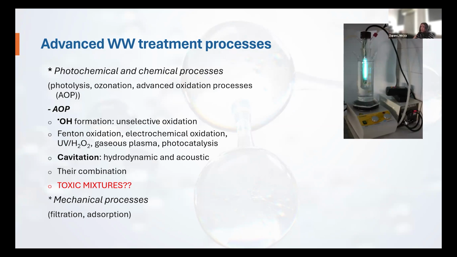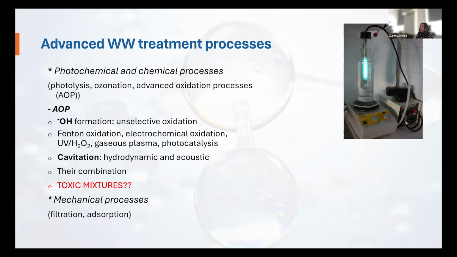And the third option, and the most investigated in the last decades, are advanced oxidation processes, where powerful oxidizing species, namely the hydroxyl radical, are formed in situ, and these radicals can non-selectively attack organic compounds, preferably resulting in their complete mineralization.